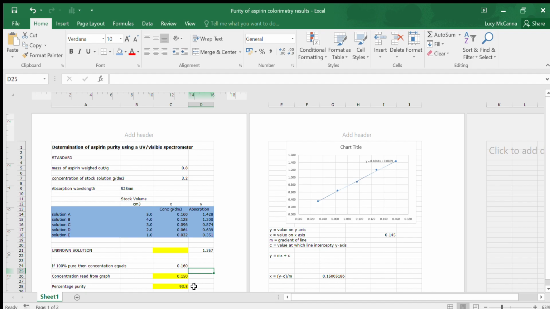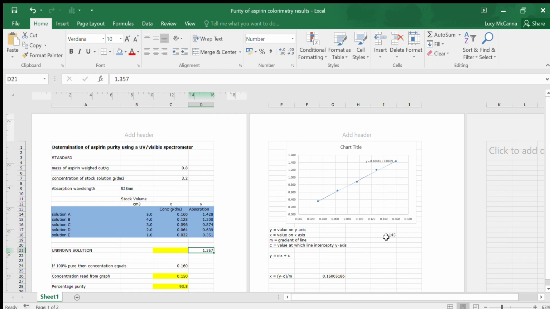To recap, we've done this by taking some knowns and finding what the relationship for this aspirin is between concentration and absorption. And we know that it's going to be a straight line relationship. That's why this is useful. So it gives us a straight line graph. From that, we can either by eye or using its equation find out, if we know this, then we can figure out this.